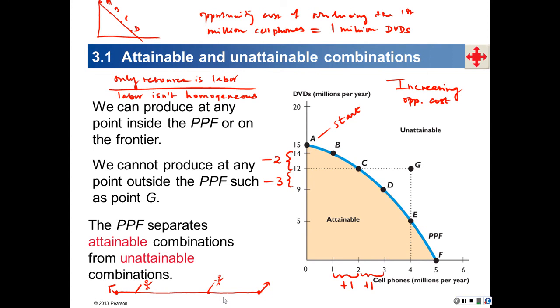Now, in order to do this, it would be sensible for us to shift out of DVDs and into cell phones which kind of worker? The worker at this end, meaning guys who are very good at DVDs, bad at cell phones, or workers at the other end who are very good at cell phones but bad at DVDs? Which type of worker would I, let's say I was the guy managing this whole transition, right? What kind of worker would I shift out of DVDs into cell phones first?